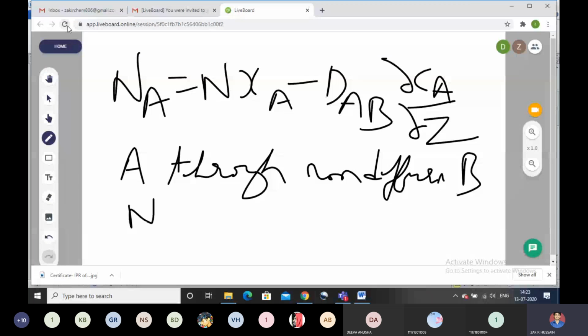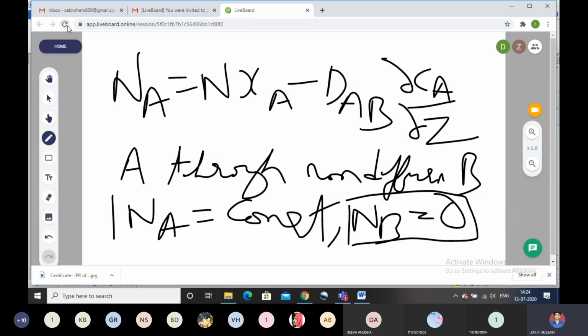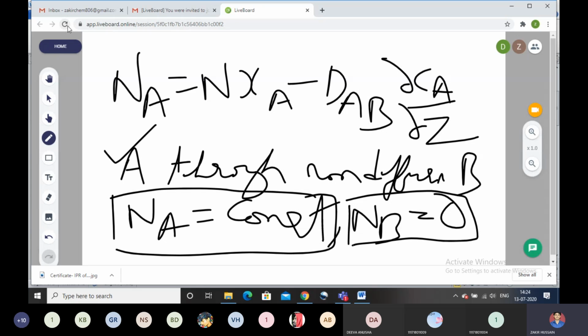So according to this definition, the flux of A is equal to some constant, whereas NB is equal to 0. Whenever people say A through non-diffusing B, it means only A is getting diffused, whereas B remains constant and is not diffusing at all.